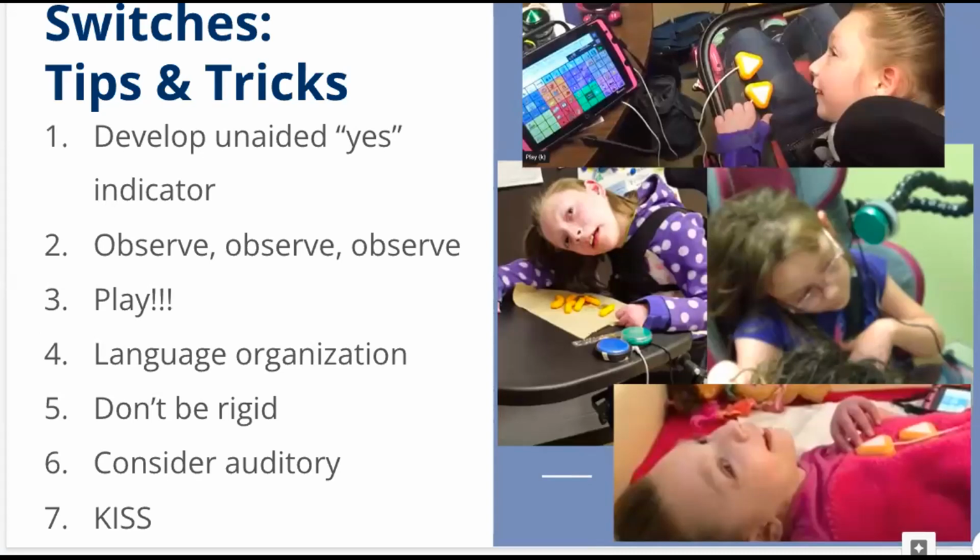Consider auditory scanning. A lot of times there's some pushback that the communication device is speaking to the individual. But think about a swim competition, when the people go off the block, there's a big bang, or a running competition, same thing, bang, and they go, because it's a faster motor reaction than if you do just a little flag wave.